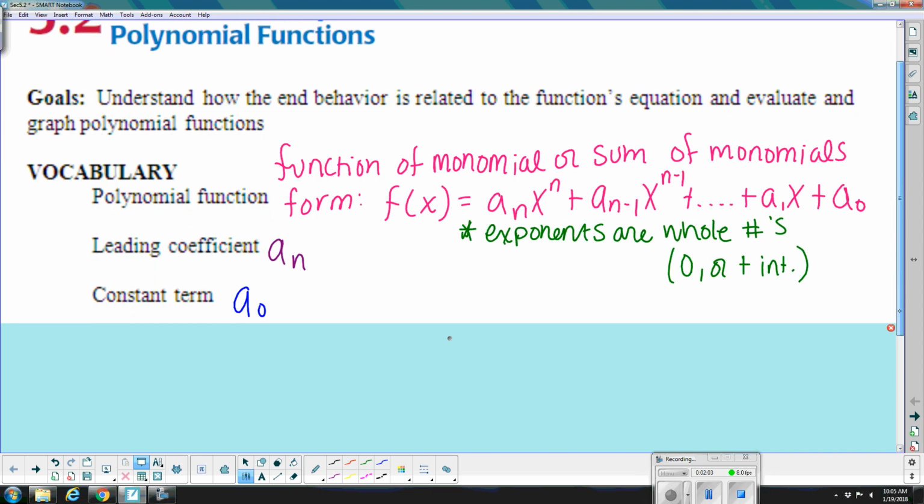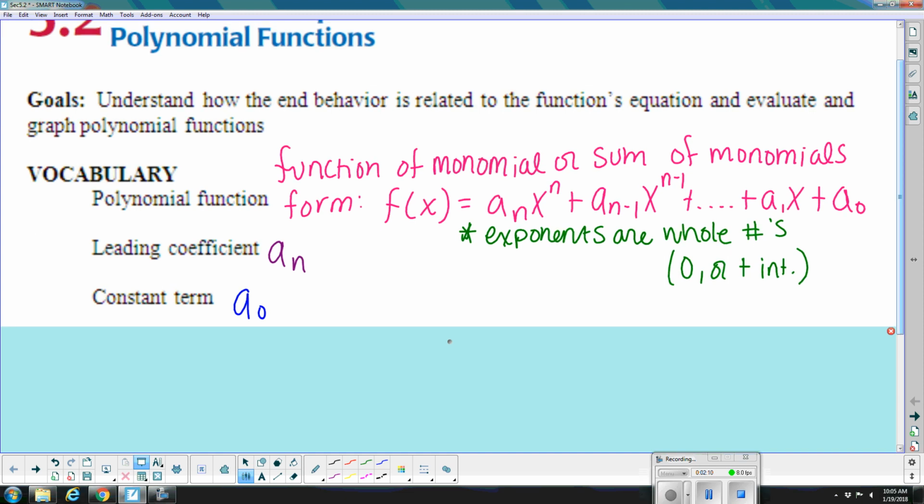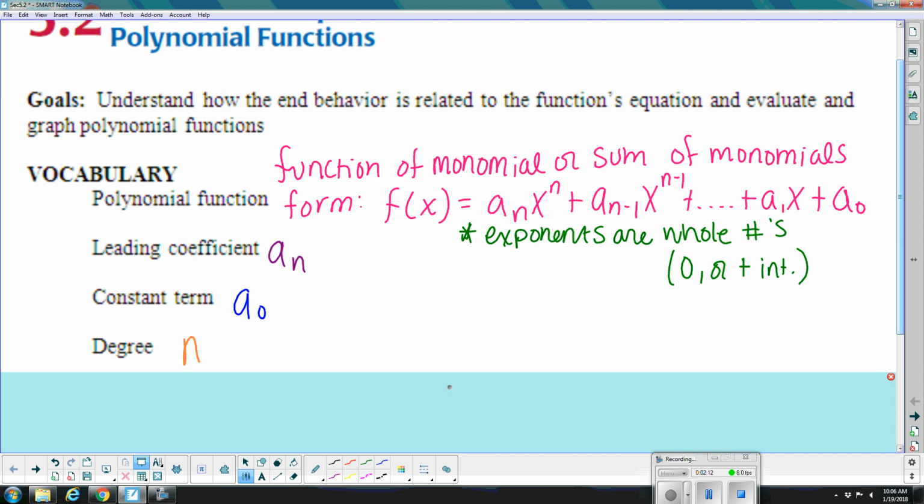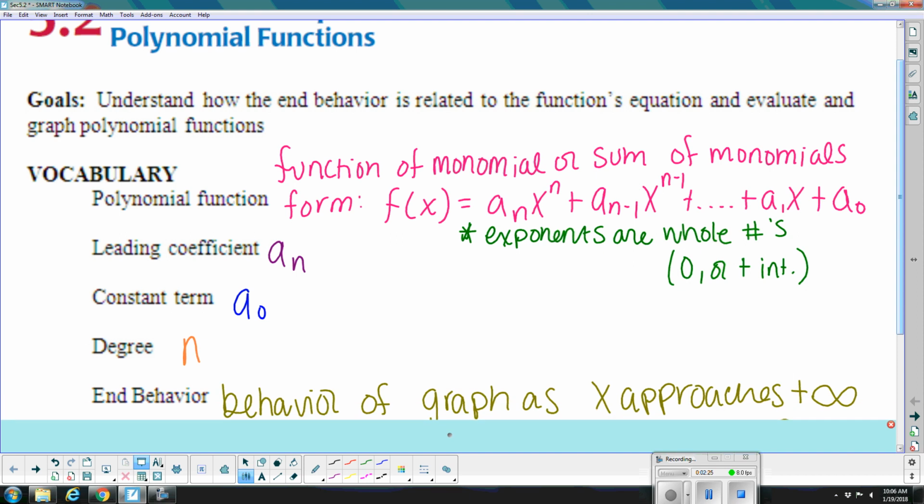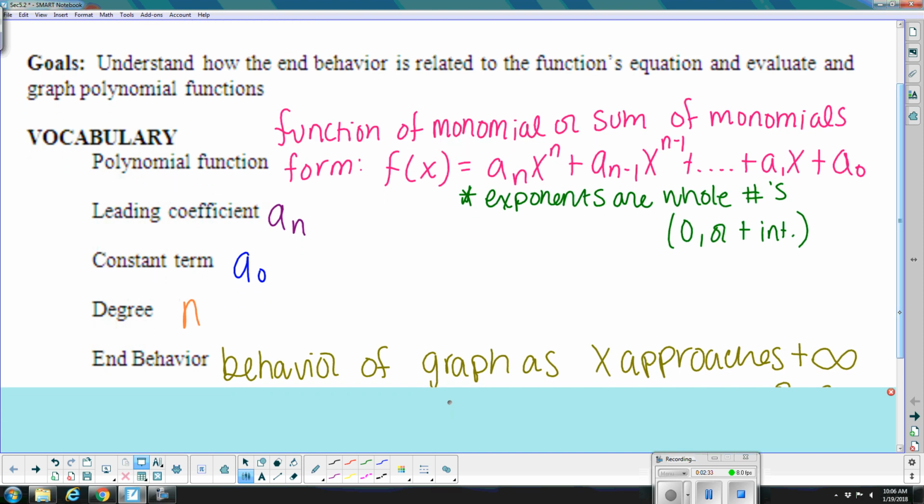In this generic form, it's a sub 0. Then our next term is degree. This deals with the power you're taking x to, so it's the largest exponent, and that's represented by n. And then the last one is end behavior. The end behavior describes the graph as x approaches infinity or as x approaches negative infinity.